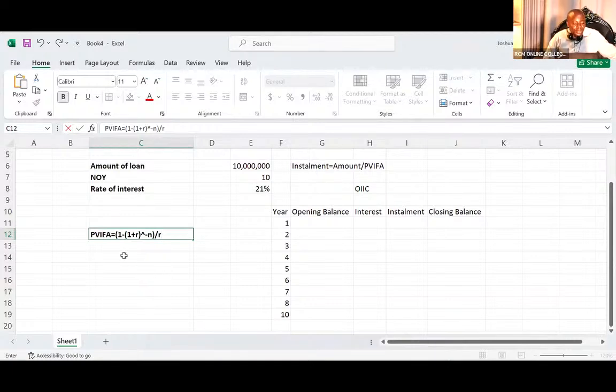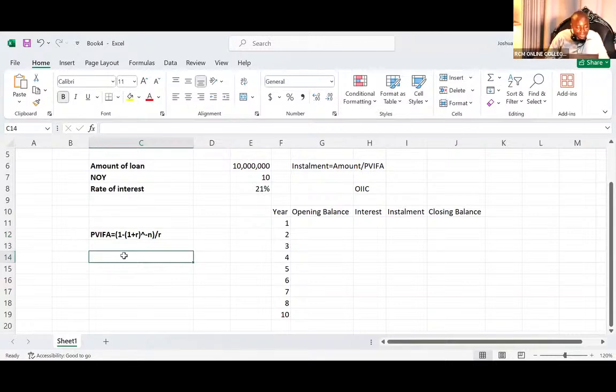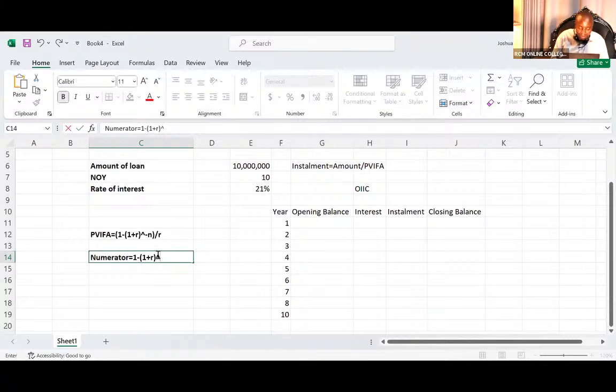So the most important thing is for you to know how we get the numerator. How do we get the numerator? The one on top first. To get the numerator, ladies and gentlemen, we normally just take this 1 minus, open bracket, 1 plus R, you close bracket, and then we say shift 6, raised to negative n.